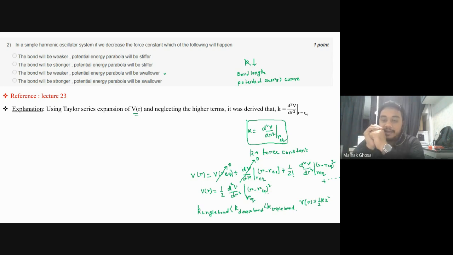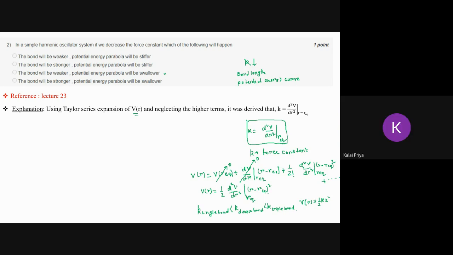I have said that k is the force constant, and you have answered that for a single bond k is less, meaning it is very easy to stretch a single bond compared to a double or triple bond. Which one can you easily break, the single bond or the triple bond? Single bond is easily broken.